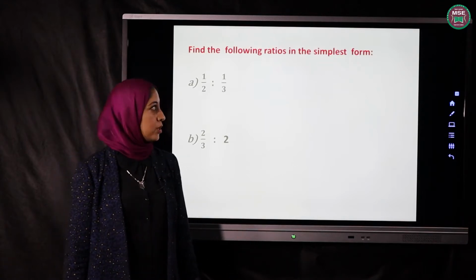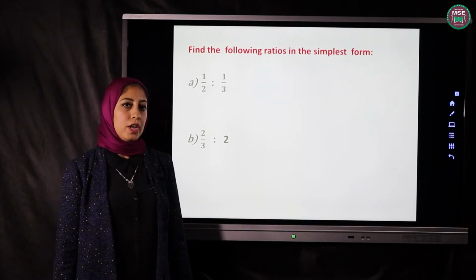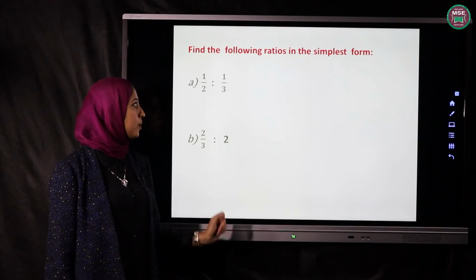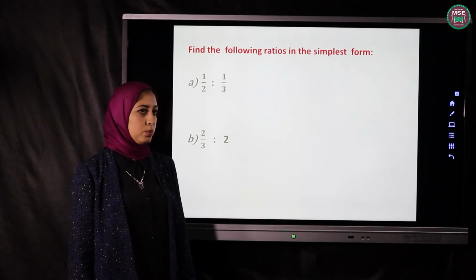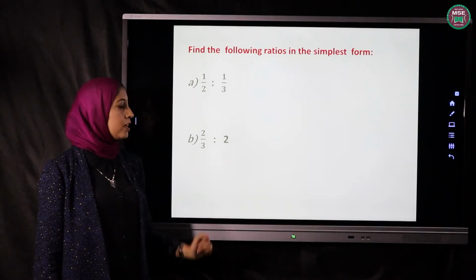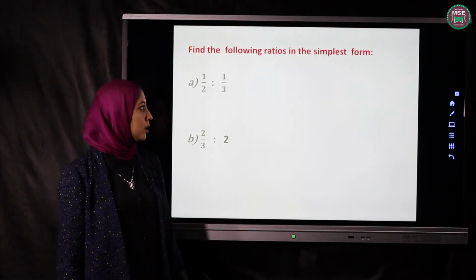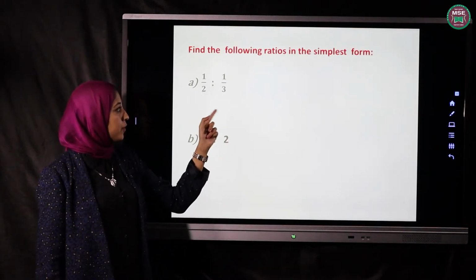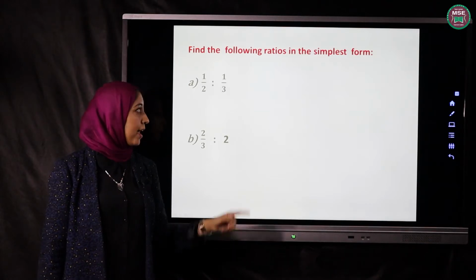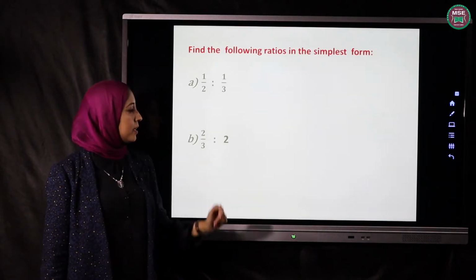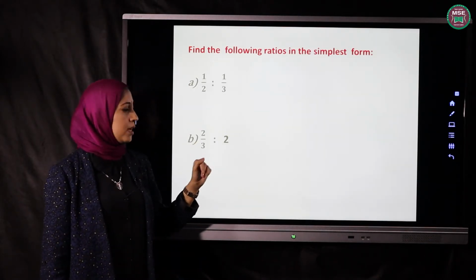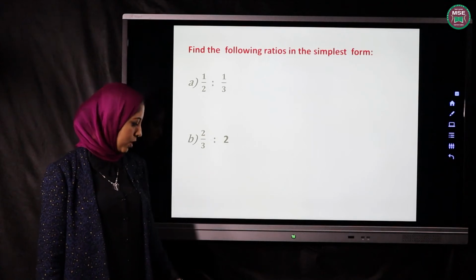Let's do another exercise. Find the following ratios in the simplest form. Number A, 1 over 2 to 1 over 3. We have here two fractions. Look carefully. For the fractions, I have the denominators 2 and 3. I will take the two denominators, 2 and 3, then multiply them by the upper numbers.